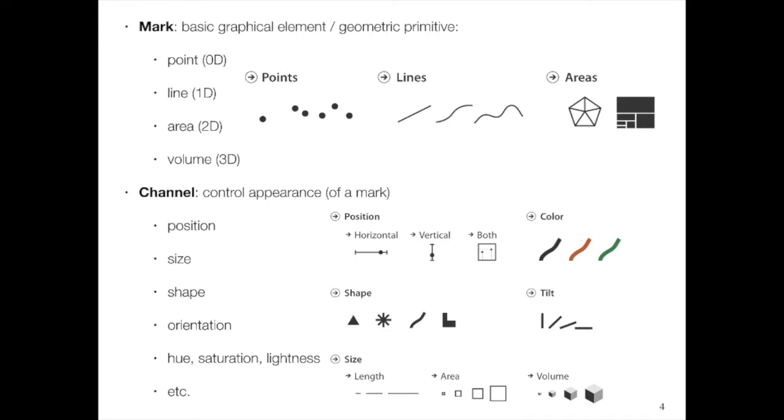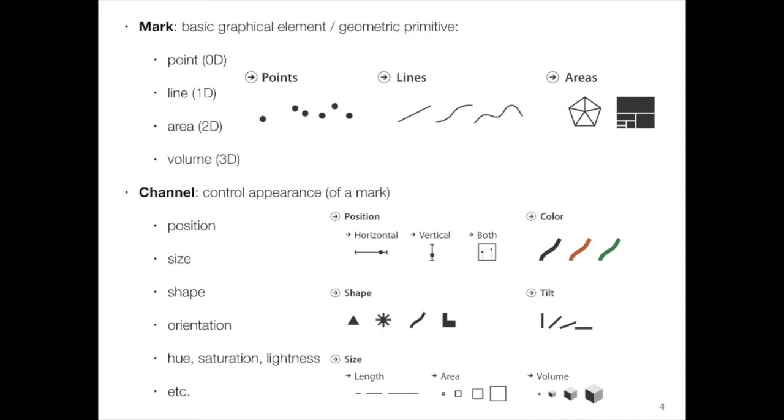So appearance can be the position of a mark, either horizontal, vertical, or even both. It can be the size, which can be, depending on which mark we are talking about, either the length of a line, the area of a point, or in this example a rectangle, or even the volume.